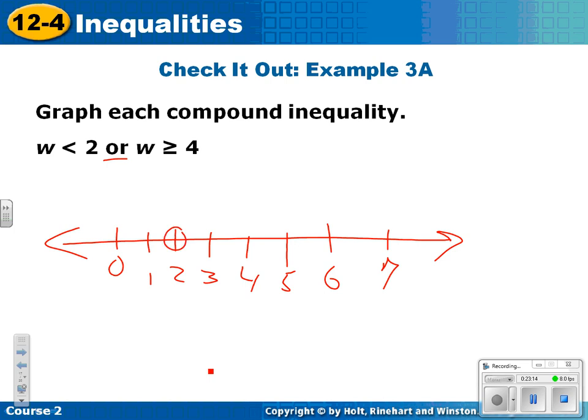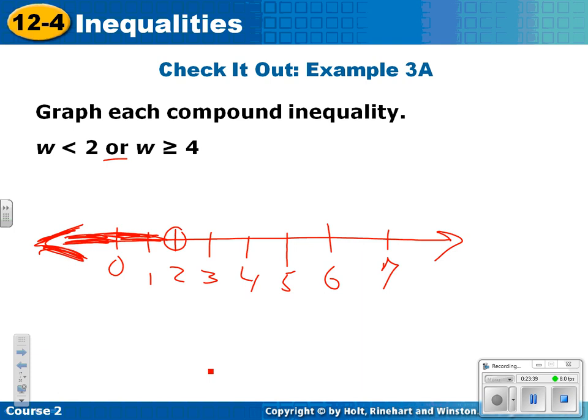Now, what way do I highlight, left or right? Because W is anything that's less than 2. Left or right? Ooh, 50-50. Left, very good. Because anything that's less, okay? W is greater than or equal to 4.